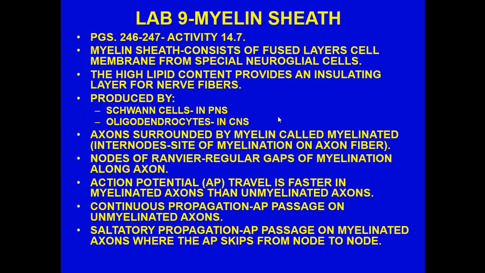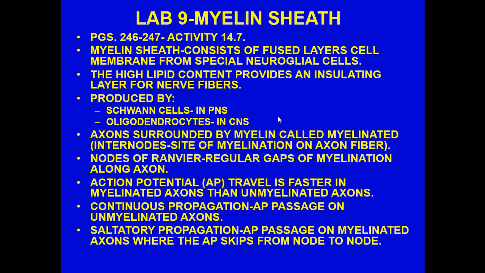In the CNS, this is done by oligodendrocytes. The axons surrounded by myelin are called myelinated fibers or myelinated axons. They may have internodes, the sites of myelination, on the axon fiber. The sites that are not myelinated are basically these little gaps that are called nodes of Ranvier.